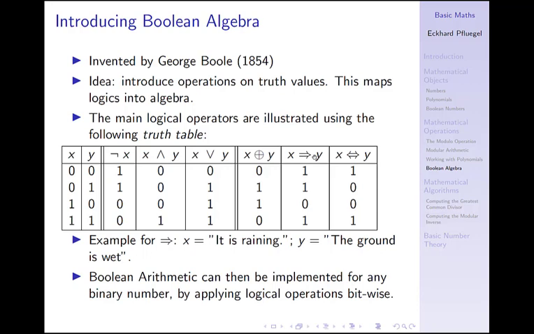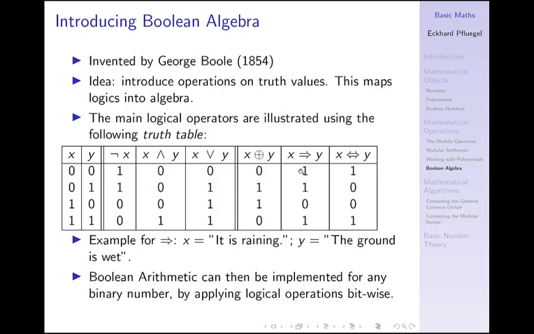Then the X implies Y values here clearly show you a situation where, let's start perhaps with here, if it's not raining, then could it be that the ground is not wet?